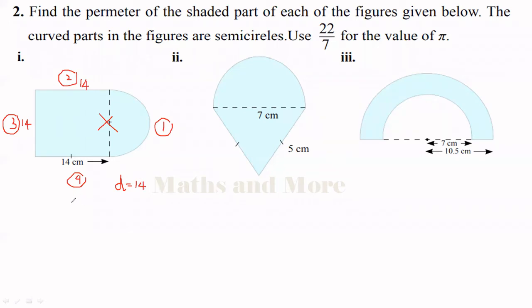You know C equals πD in a circle, but for a semicircular arc, it is half into πD, because here only half is there. So half into πD, π means 22/7.